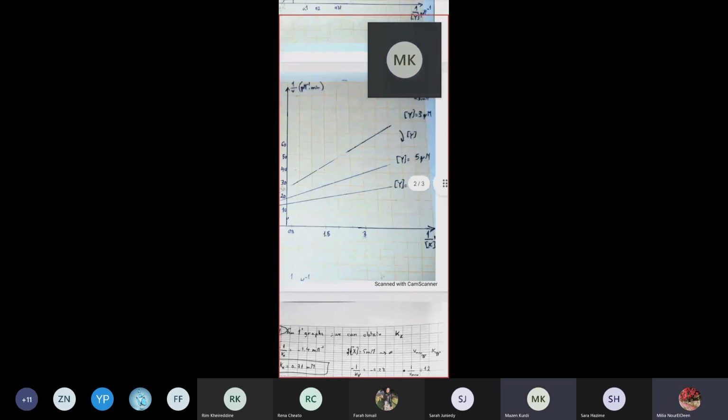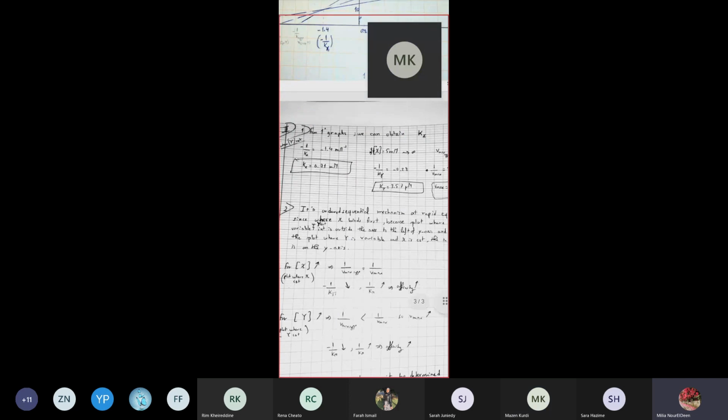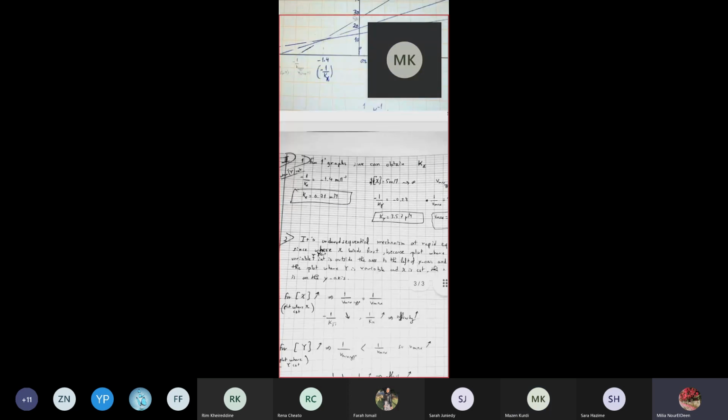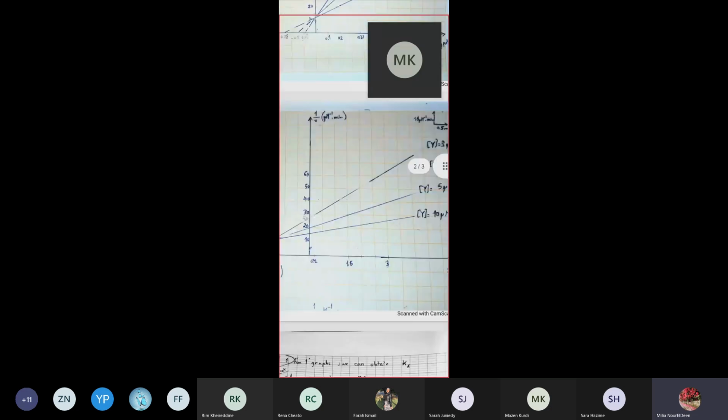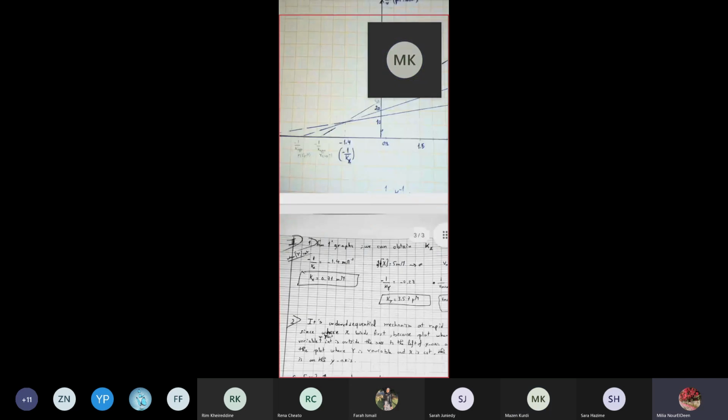Yes. Okay. From primary graphs we can obtain kx: minus 1 over kx طلعت معنا minus 1.4 millimolar minus 1 هيها. Yes. فالkx equal 0.71 millimolar.